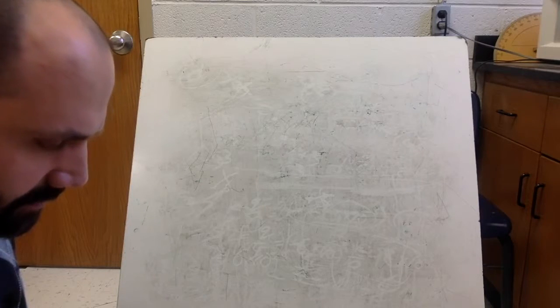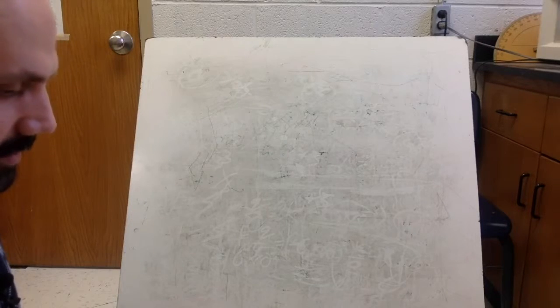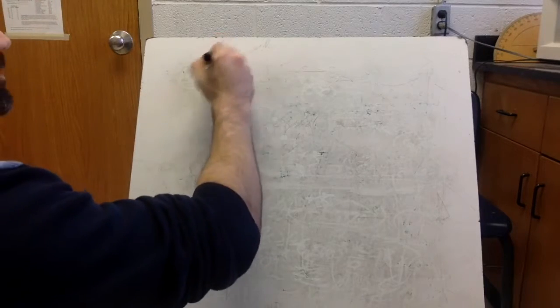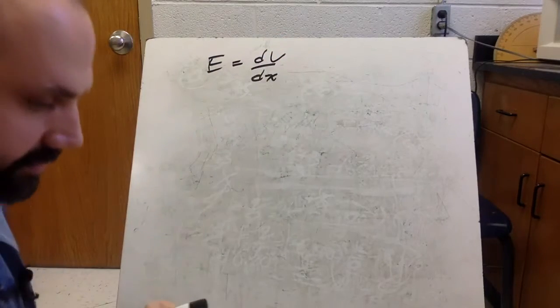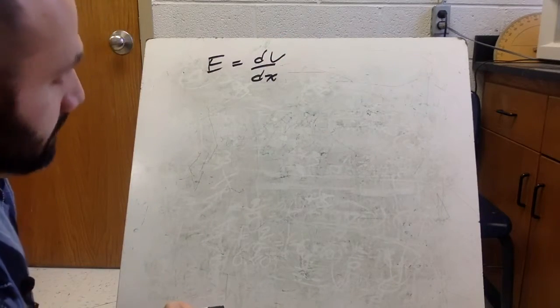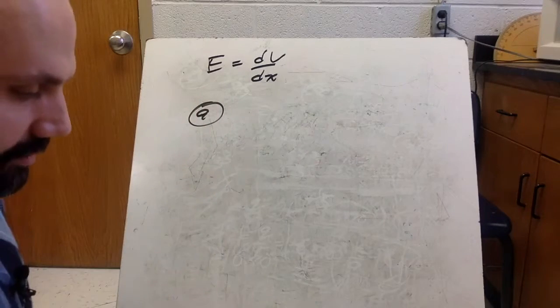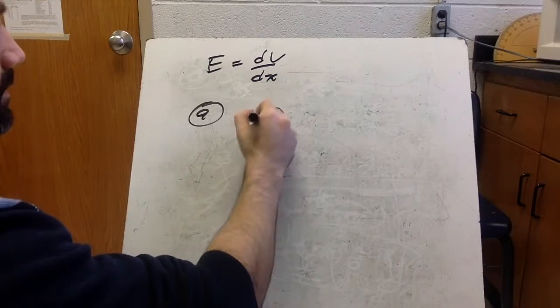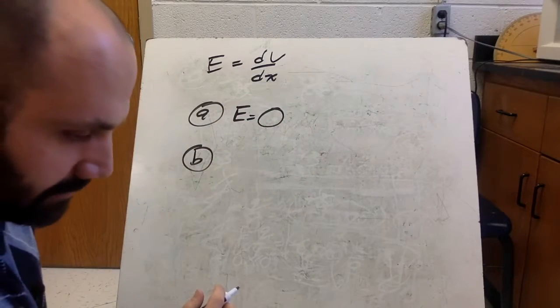I may have changed it from last year, but so what are we looking at here? Again, what's our relationship? The electric field is dV dx. X is our variable in this case, so we'll use x. And so I'm looking at the slope, right? So for part A, from 0 to 3, the slope is 0. So the electric field is 0.